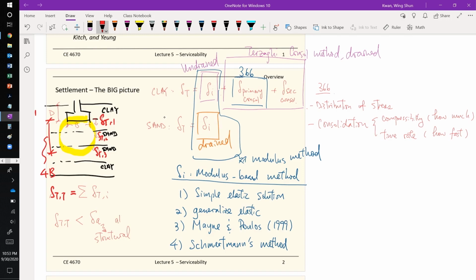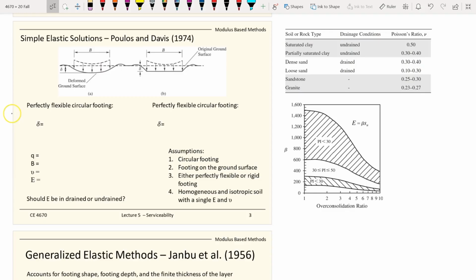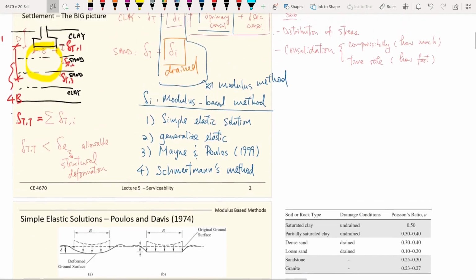This is the allowable structural deformation. If your settlement is too large, then you will create structural damage. The slab could crack, or the columns and the shear wall or any slab attachments get detached, so that will create performance problems, and it may be very dangerous.